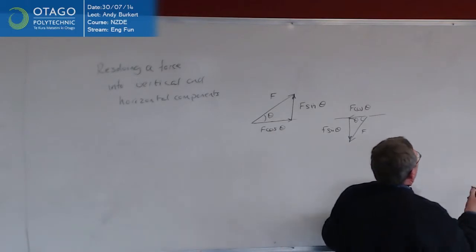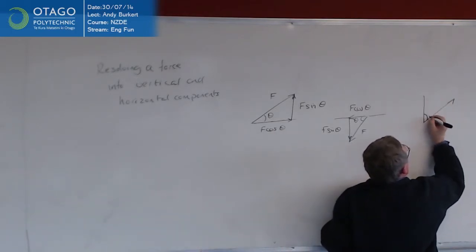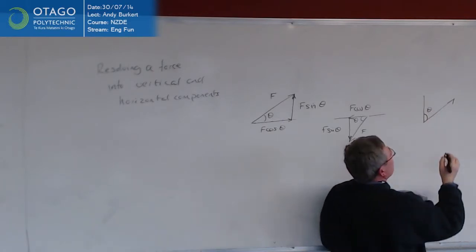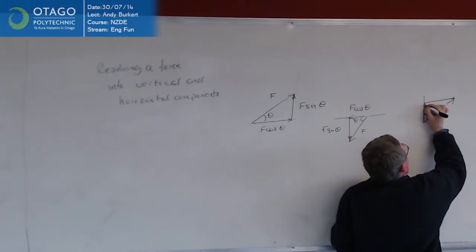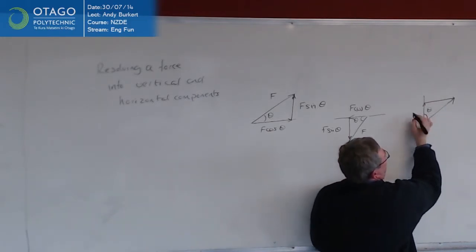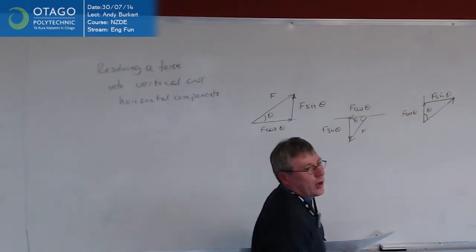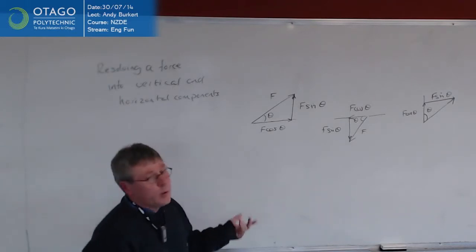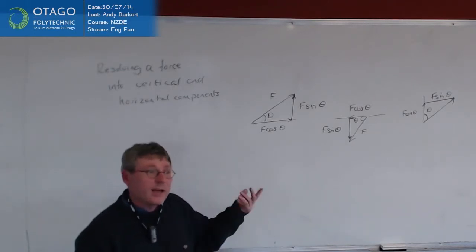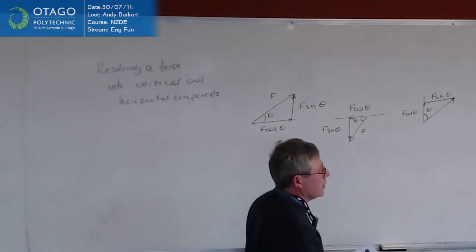Instead, if I've got a force and I know the angle to the vertical, in this case the vertical is going to be F cos theta and the horizontal is going to be F sine theta. So it depends whether we know the angle to the vertical or to the horizontal which way round it goes, but once you know that, it's always the same. That's when we resolve into components.